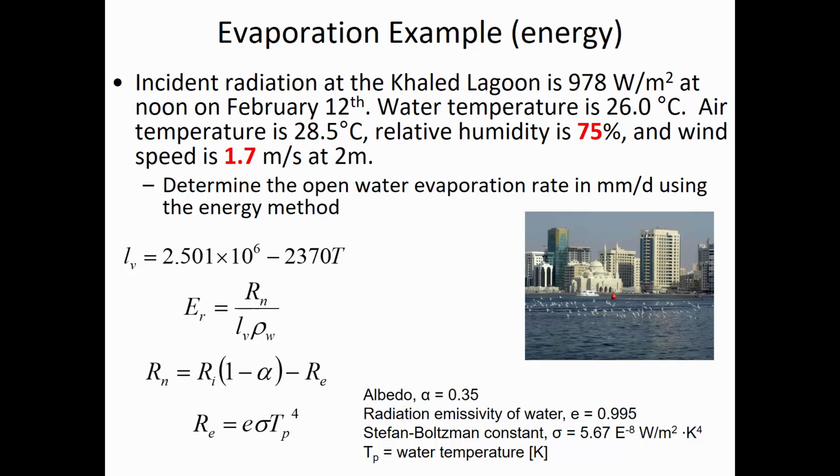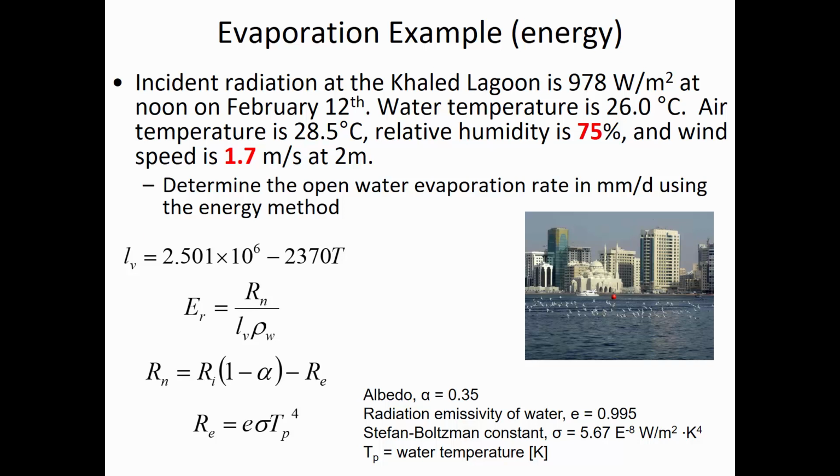So the radiation emitted, R sub E, is, okay, the formula: E, Stefan-Boltzmann constant, T sub P to the fourth. Okay, so 0.995 times 5.67 times 10 to the negative 8th watts per meter squared Kelvin to the fourth, and then 299.15 Kelvin to the fourth.